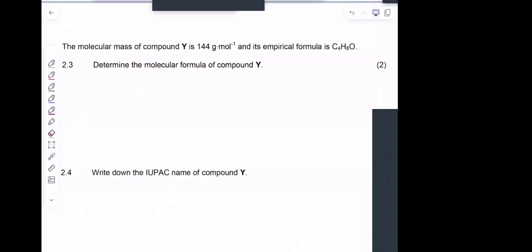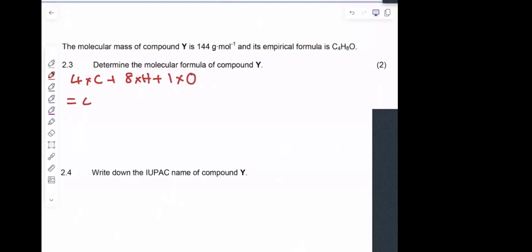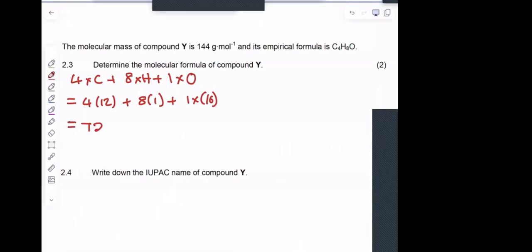We're looking at 4 carbons, so 4 times carbon plus 8 times hydrogen plus 1 times oxygen. That's going to be 4 times 12 plus 8 times 1 plus 1 times 16. When you've got those together, that gives us 72 grams per mole.